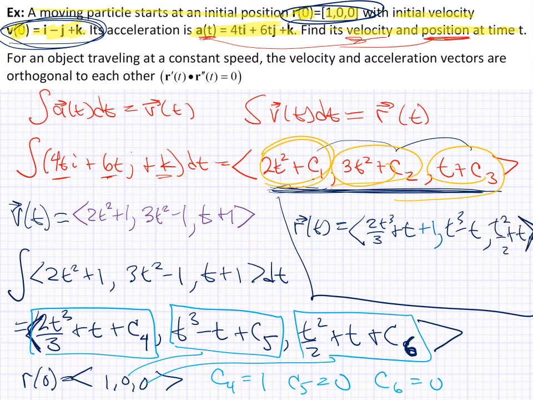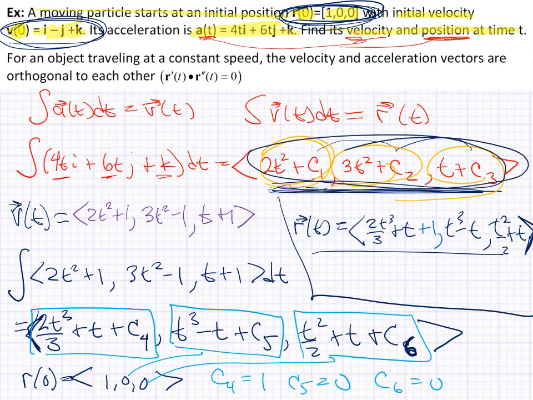And that should be my position vector. Again, based off of this information that they gave us, we were able to specifically find C4, 5, and 6, 1, 2, and 3. But without that, we couldn't do any better than, say, this or this. But the whole idea here is if we know the derivative of position gets us velocity, we should know that the integral of velocity gets us back to position. And that's the whole point of this.